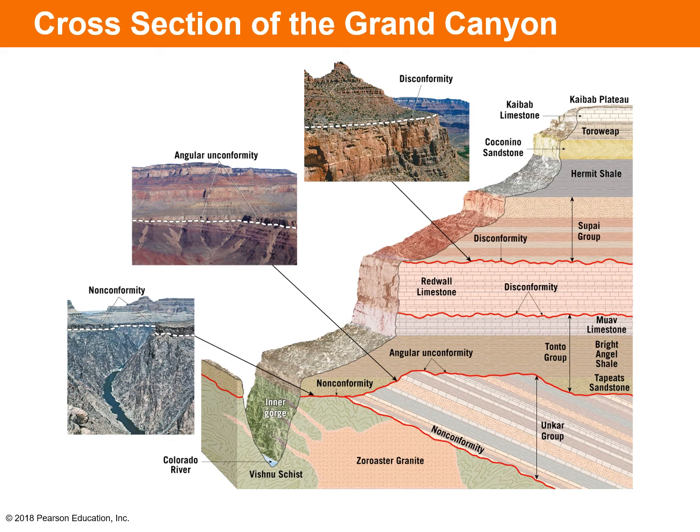Then moving up in the Grand Canyon, you can see an example of a disconformity where you have a layer of Redwall limestone overlain by the Supai group of sedimentary rocks. And in this case, you have sedimentary rocks, because limestone is a sedimentary rock, below and above the unconformity. And it's just that the limestone was eroded away before the deposition of the Supai group, and therefore it's called a disconformity.